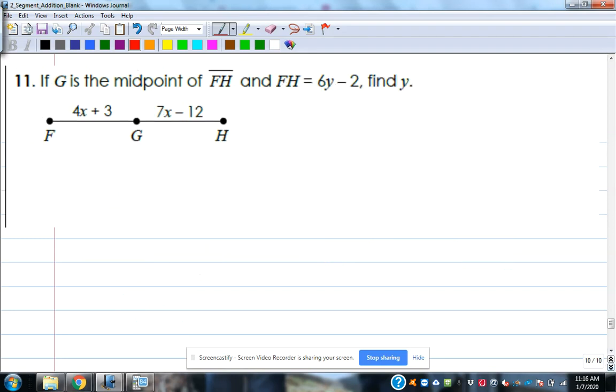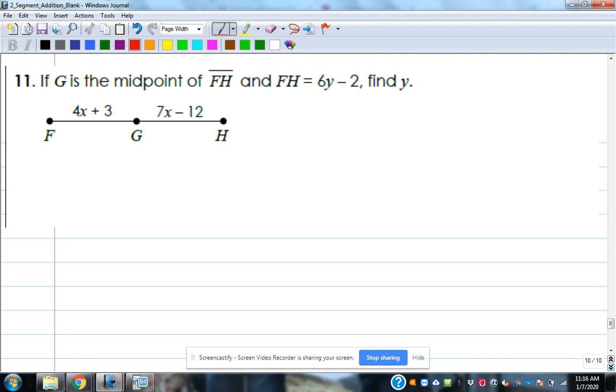It says G is the midpoint of segment FH, and FH is equal to 6y plus 2. But then it says find y. What's different about this problem compared to the others? It's two different variables.